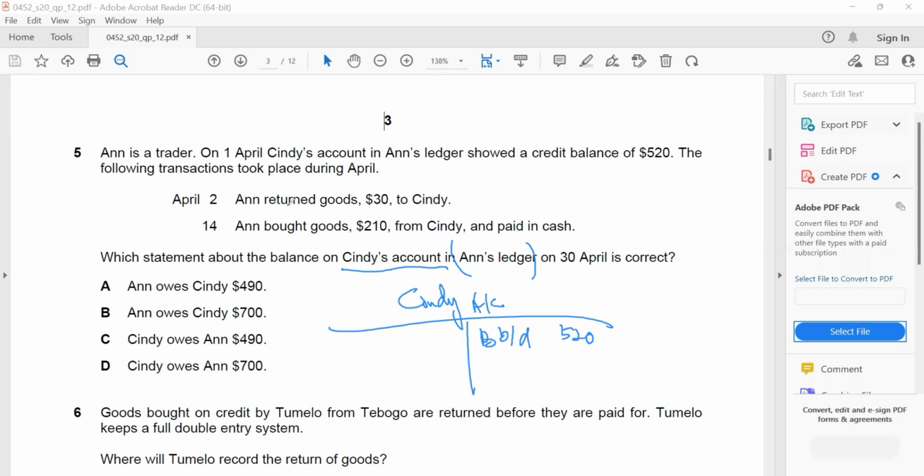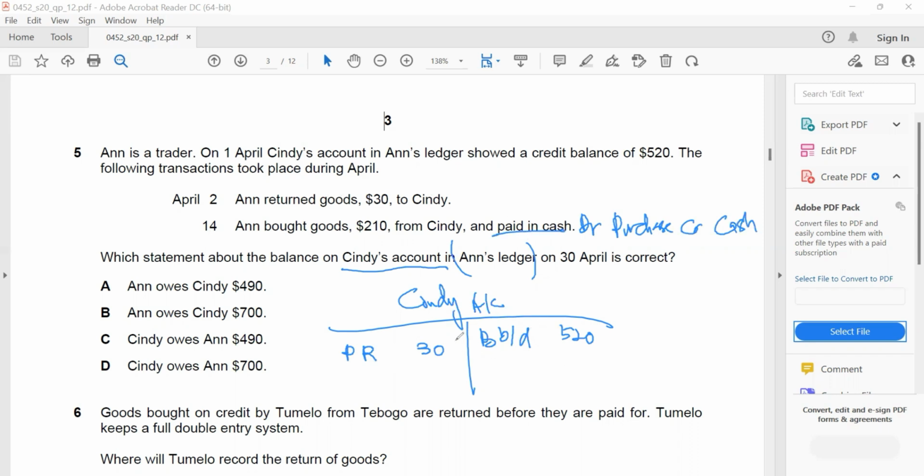During April, the transaction that took place was returning goods to Cindy. That means this one is a purchases return of 30. And N bought goods 210 from Cindy and paid in cash. So for this double entry, we straight away debit purchases and credit cash because they paid in cash.